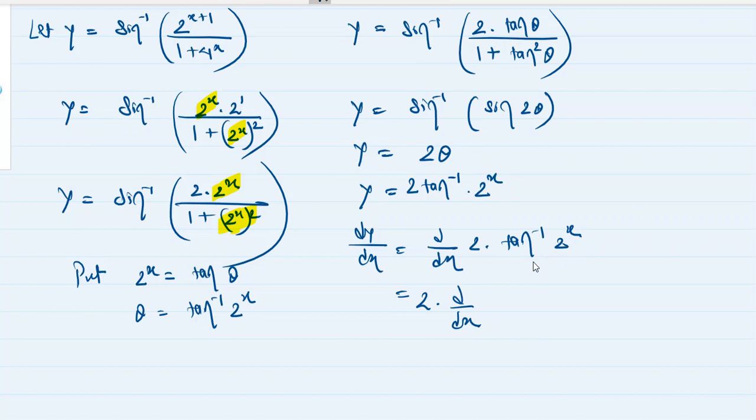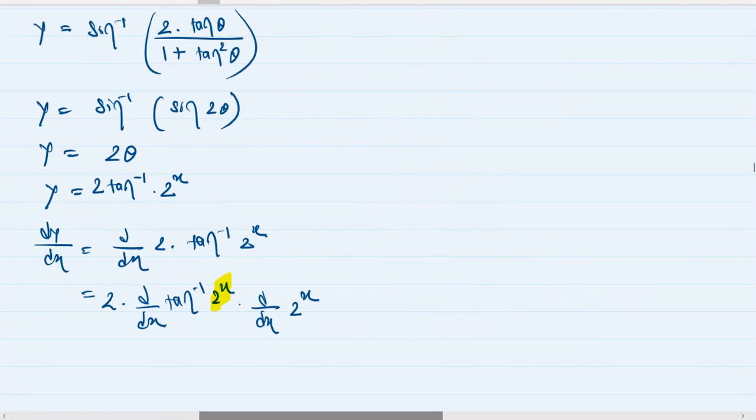First, let us understand the differentiation of tan inverse of 2 raised to x, considering this as the stuff which we do not touch, multiplied by d by dx of 2 raised to x. So that's the whole chain rule which we are going to apply. So we have dy by dx is equal to 2 multiplied by d by dx of tan inverse of 2 raised to x.